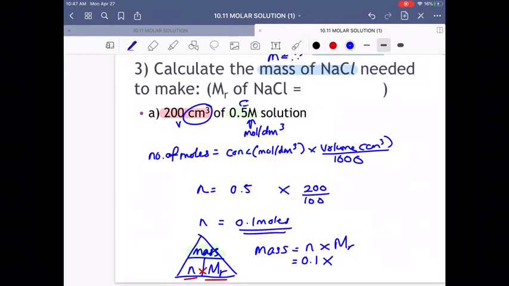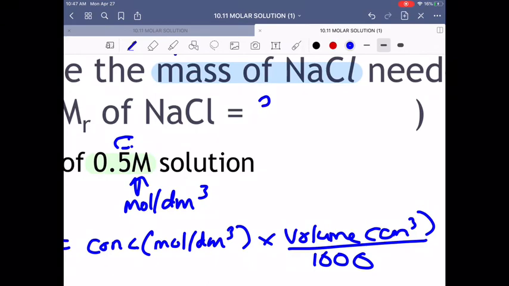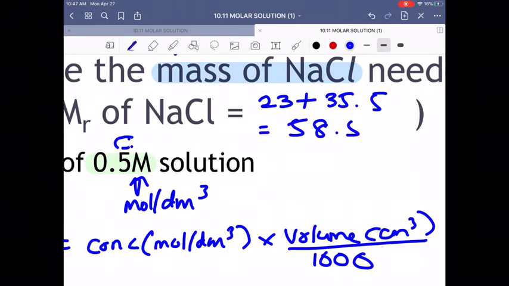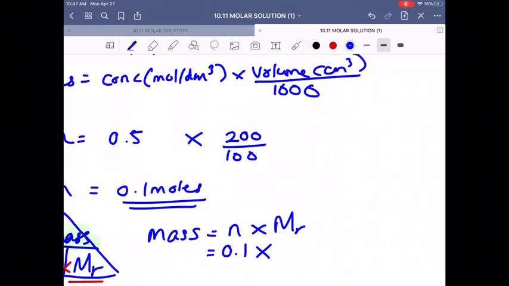Use your periodic table to calculate the mass. Sodium is 23, chlorine is 35.5, so you should get 58.5 here. So 58.5 shall be substituted here. So final answer, you should get 5.85 gram.